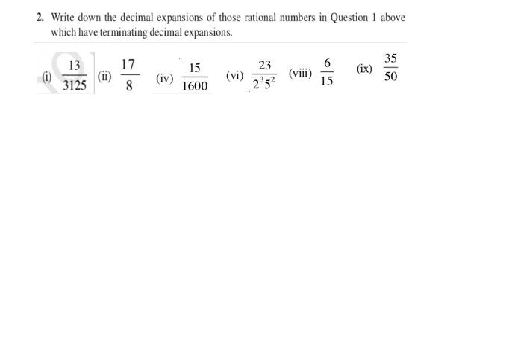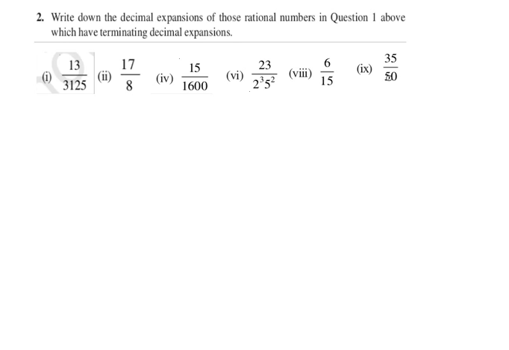Next, write down the decimal expansion of those rational numbers in question number 1 above which have terminating decimal expansion. We have discussed that these types of questions will be having a terminating pattern of decimal expansion in the previous question, the second question.